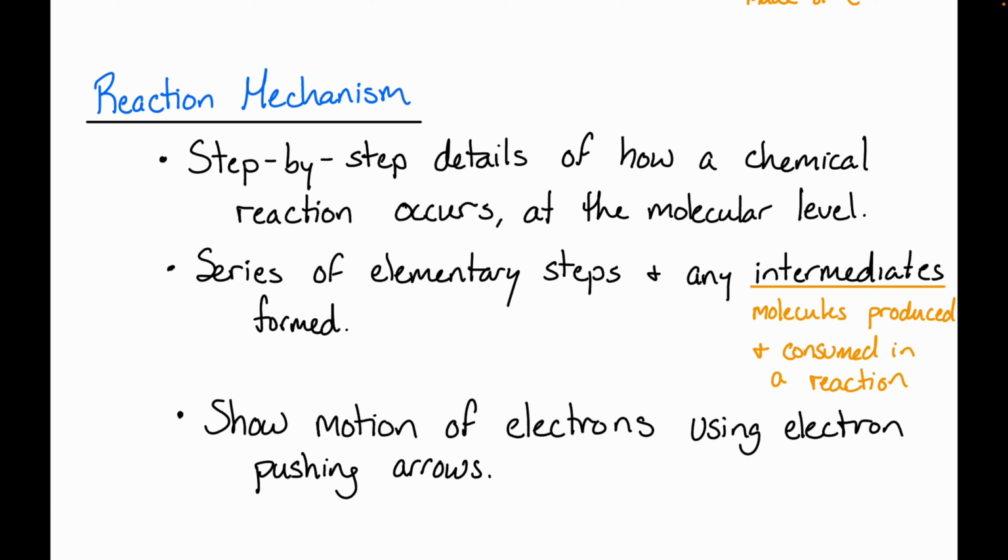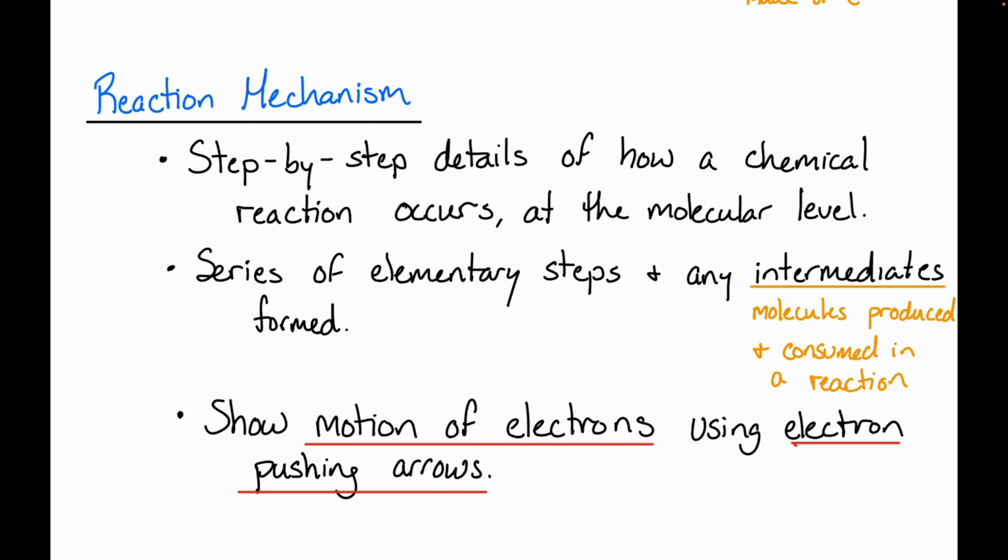Again, importantly, the title of today's lecture was electron pushing arrows. What do electron pushing arrows do for us? They show the motion of electrons throughout the course of a chemical reaction, right?